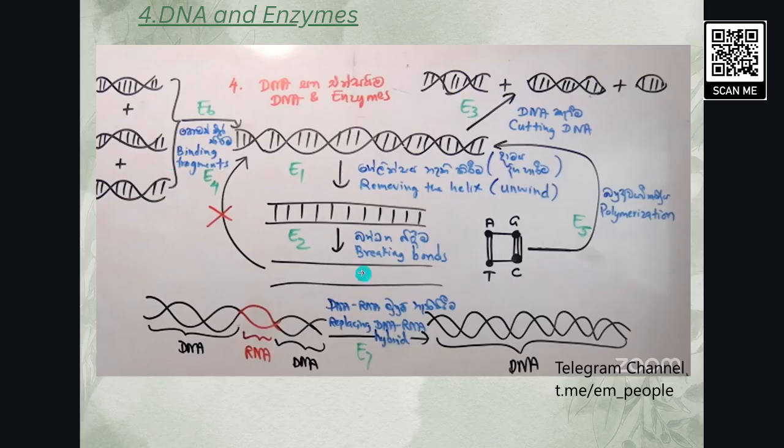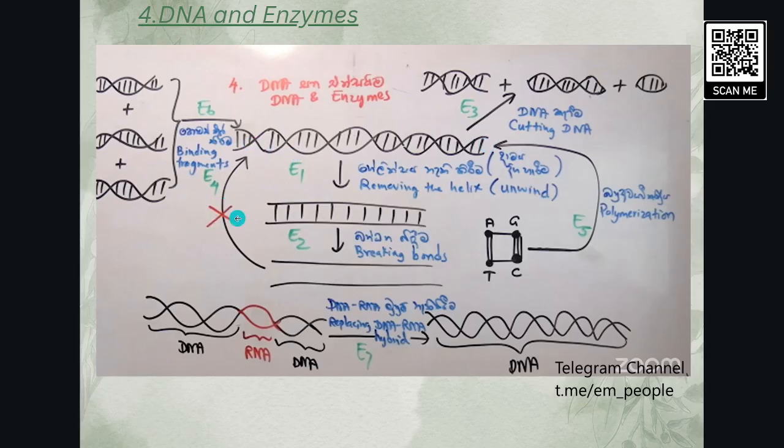And then usually when we break the bonds of the 2 strands, it tries to go back to its former structure, which is the original DNA molecule, meaning they try to wind back into the original structure. We have to prevent that. Enzymes are also involved in preventing the double strands whose bonds are broken from going back to their normal structure.